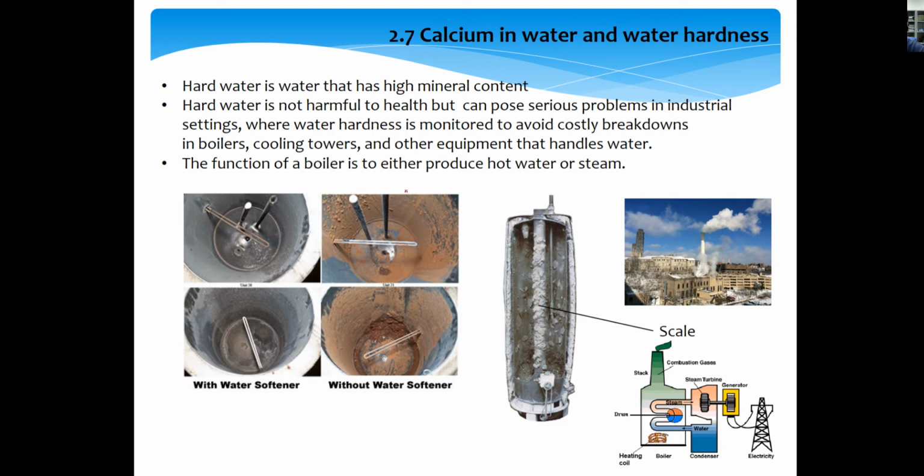You can see here the mineral is precipitated in the boiler, or it can even form a scale. When something is coated on the heating element or heating coil, we need to supply more energy to boil the water. So it will increase the operational cost.